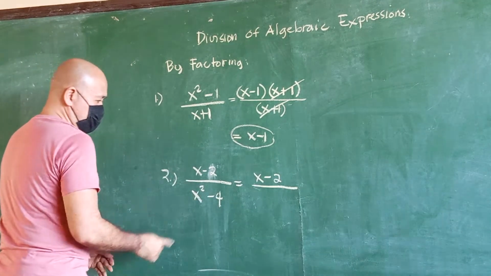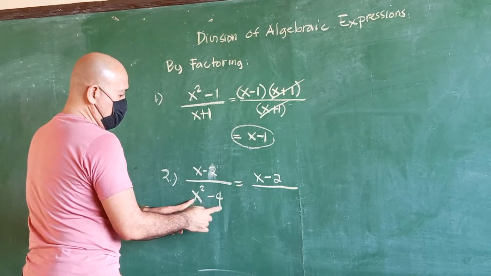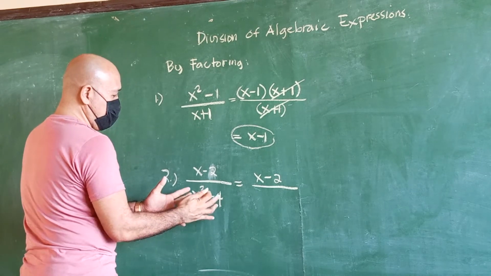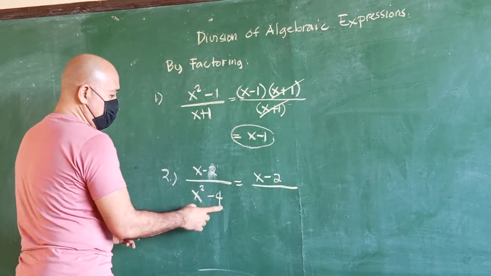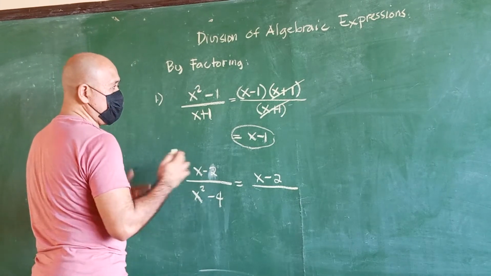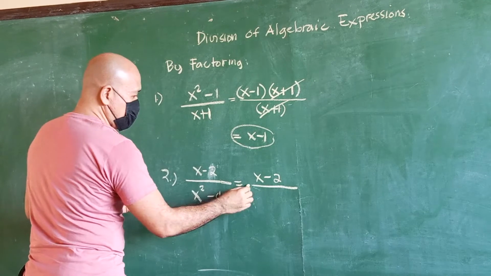Examining the denominator, the first term is a perfect square, the second term is a perfect square, and the operation between the two terms is minus. So the given expression is a difference of two squares, and you can apply the idea of how to factor a difference of two squares.